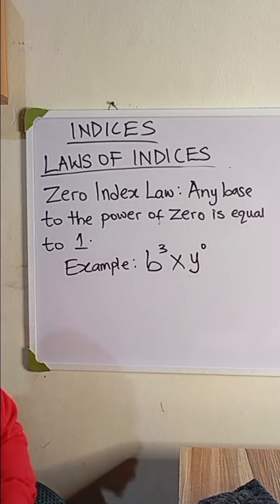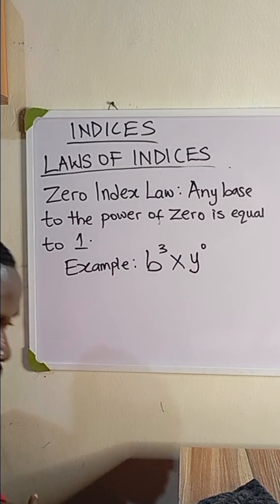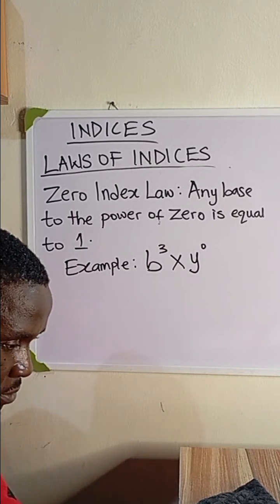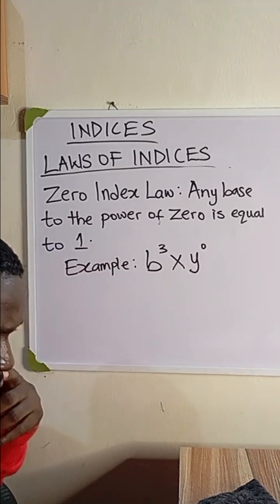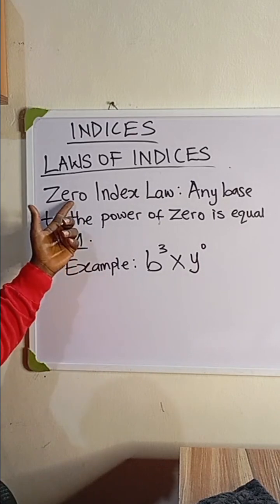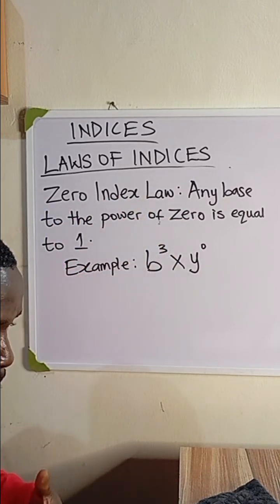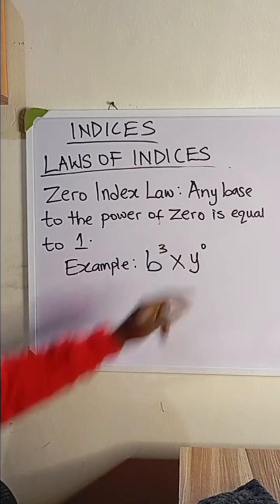Okay, the law we are looking at is the zero index law. Zero index. So b to the power of 3 times y to the power of 0.